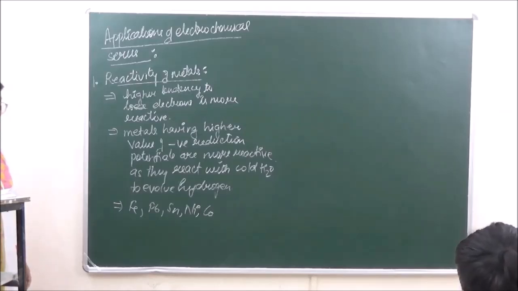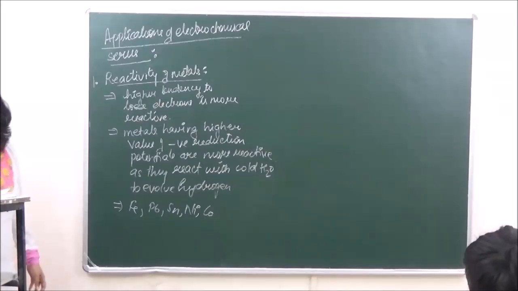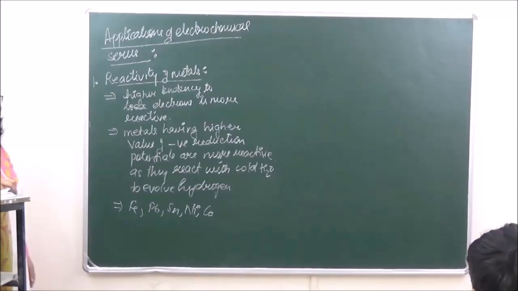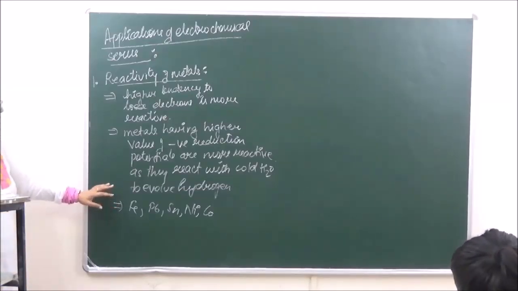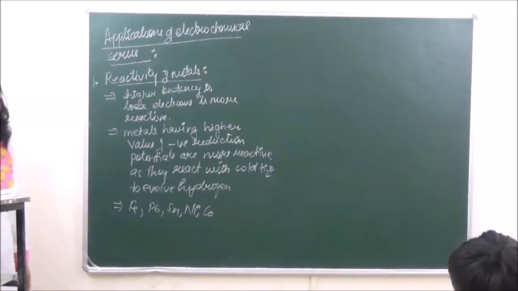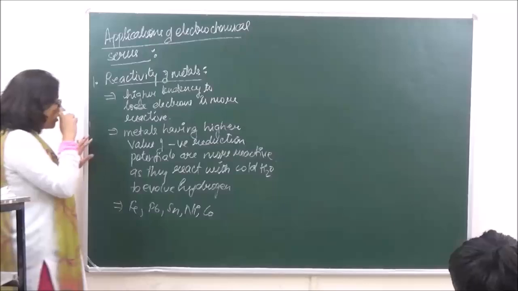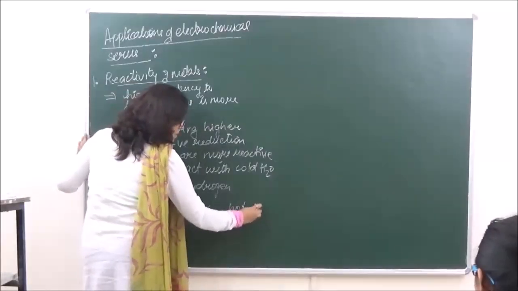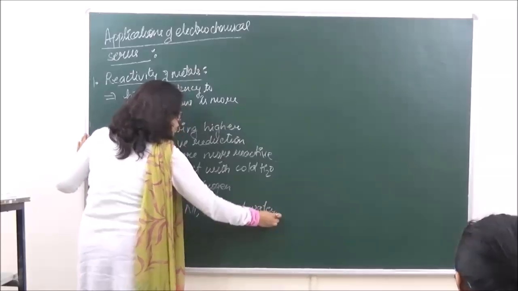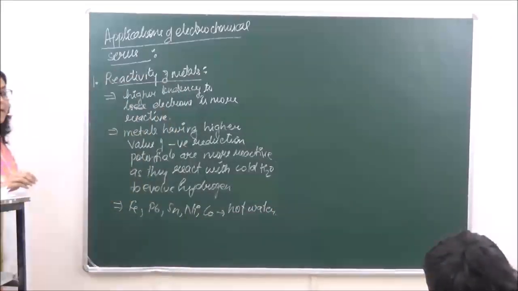In a similar manner, the value of nickel is minus 0.25. Okay, so they have less value of negative reduction potentials, so they are known as less active metals. They do not react with cold water, but they are going to react with hot water due to their less activity.